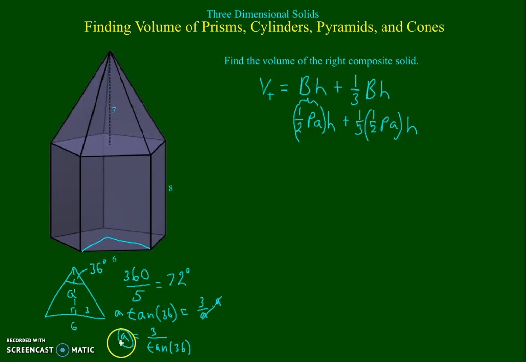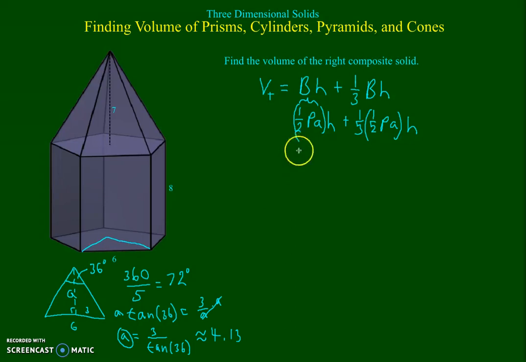And so that gives us our apothem, and now we're just about ready to start plugging into our formula. This value is about 4.13. I'm not going to use this approximated value. I'm going to use the stored value in my calculator.